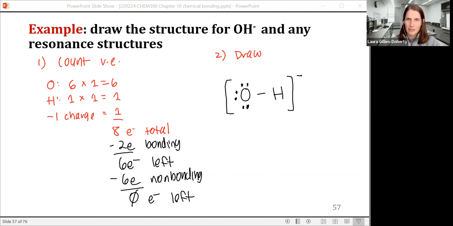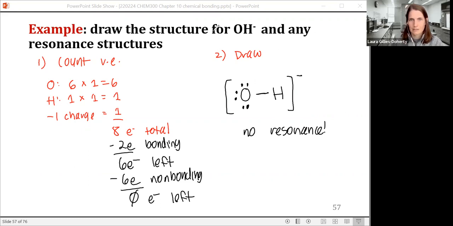And now, is there any way we could draw resonance structures for this? Do we have any spots we could make double bonds, move or shift electrons around to fill octets or duets if needed? And the answer on this one is no. There's no resonance, because there's no way we could shift electrons around in this. Hydrogen only needs 2 electrons to have a full duet.